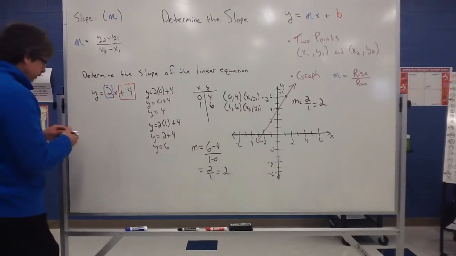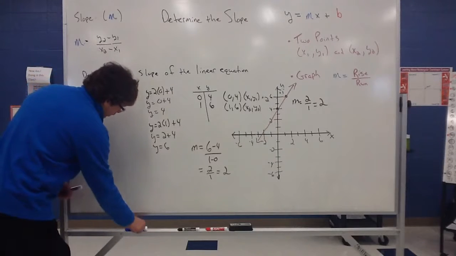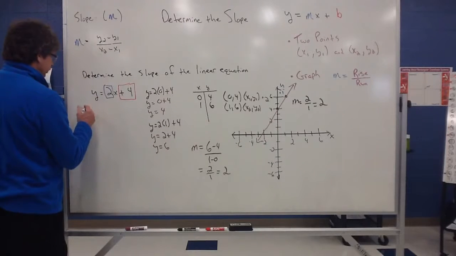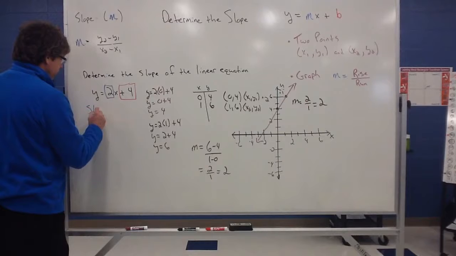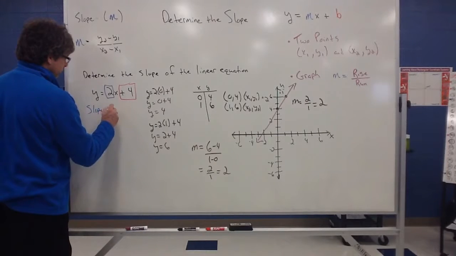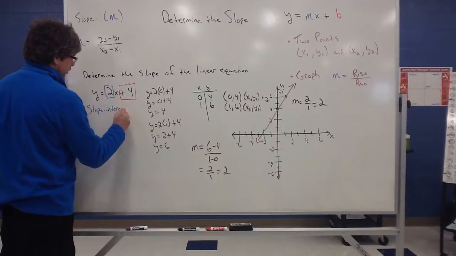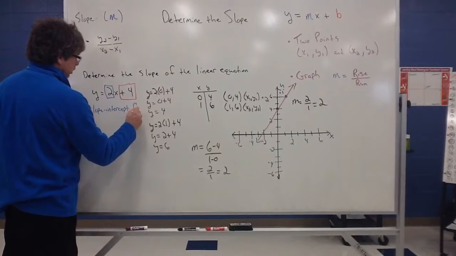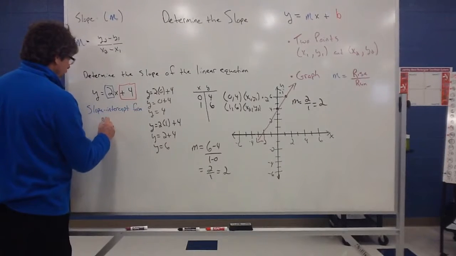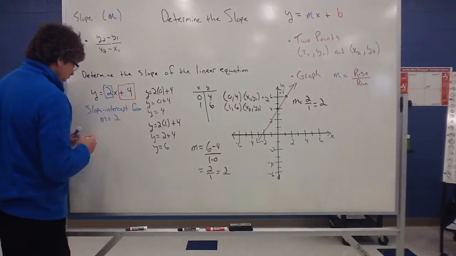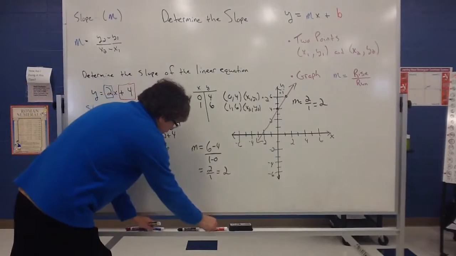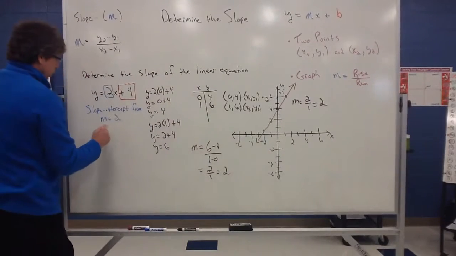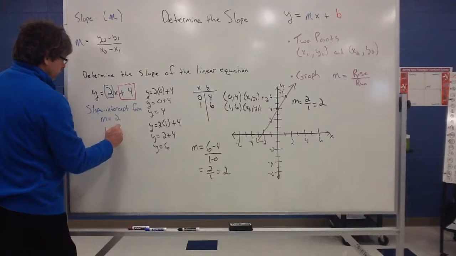So we're picking up on a few things here. This is considered the slope-intercept form. And therefore, our slope is a 2, and our y-intercept is a 4.